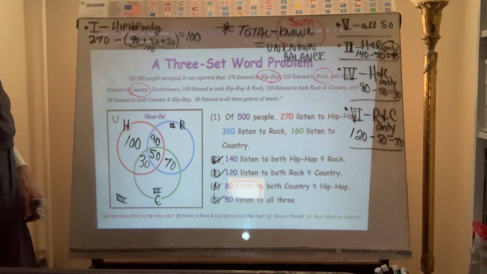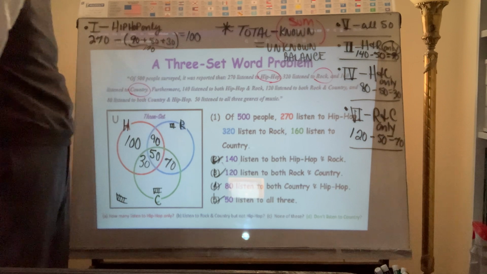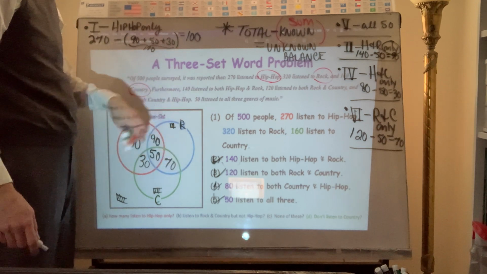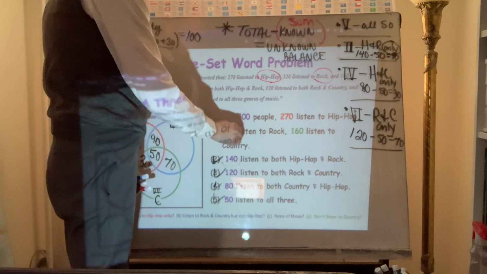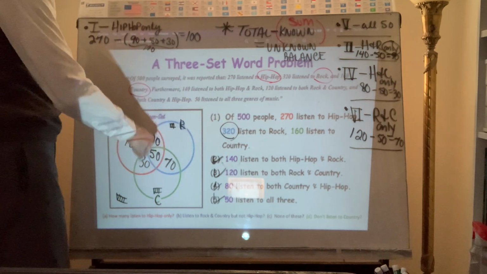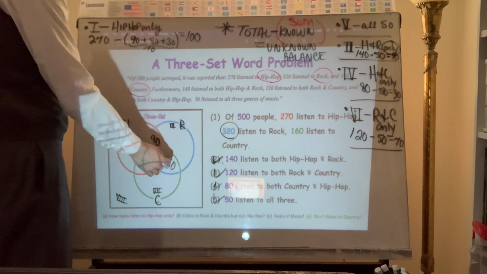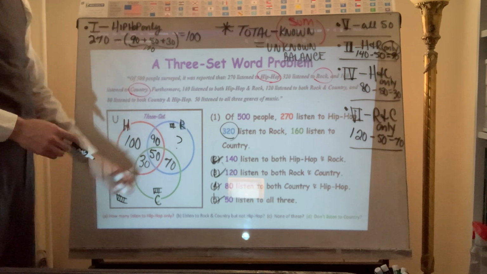Without specifying any other preferences. Okay. Same strategy now, shifting over to the rock moon shape here, that portion that is left over. It is quoted to us that there is 320 people that listen to rock, but that's the whole thing confined to the blue circle without specifying that portion of it. We're going to figure that out.